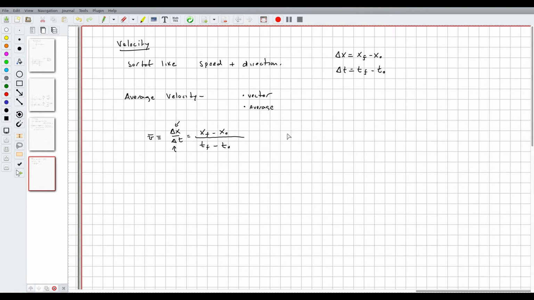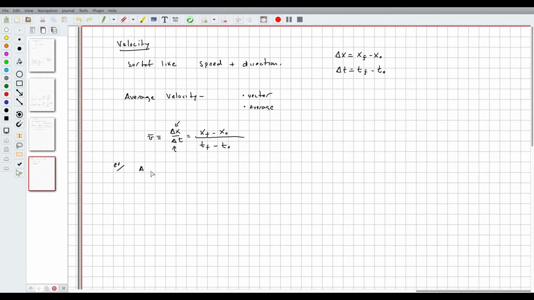So the best way to get a handle on what velocity is like is to work some examples. So what I'd like you to think about is the motorcycle. So here's a problem. We have a motorcycle.